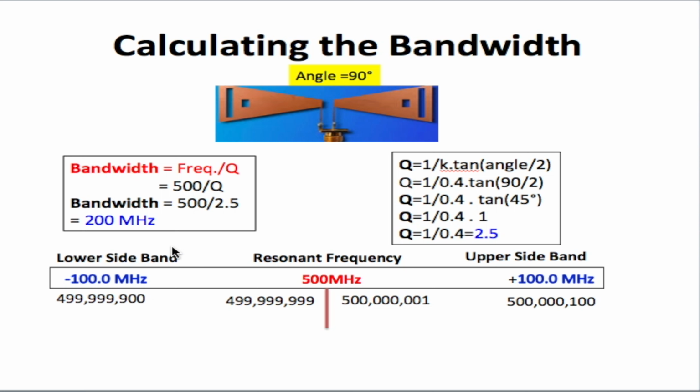So on the lower side band, we subtract 100 megahertz. On the upper side band, we add 100 megahertz. So we start at 500 million and 1 hertz, and we move all the way up to 500 million 100 hertz. So this represents our entire bandwidth of 200 megahertz.